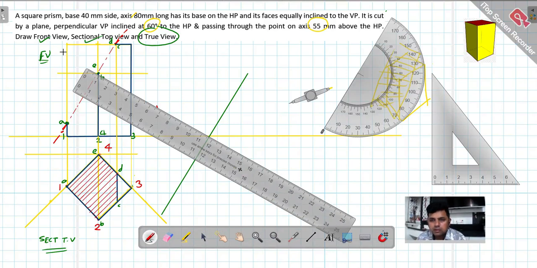Okay. Yellow line indicating the front lines. Yes, I have taken it away.